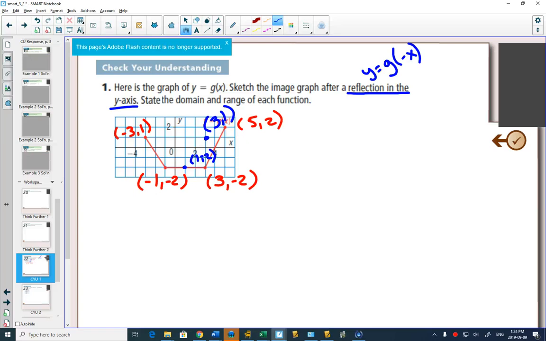This point at 3, -2, if I multiply the x coordinate by a -1, flipping it over the y-axis will send it over here to -3, -2.